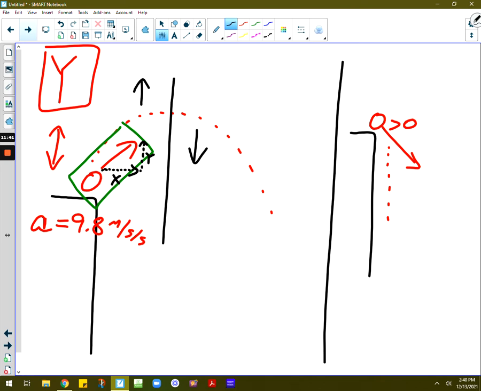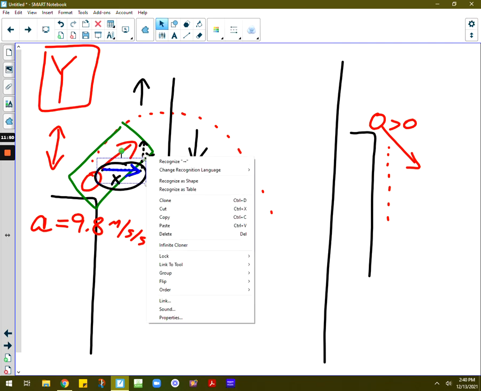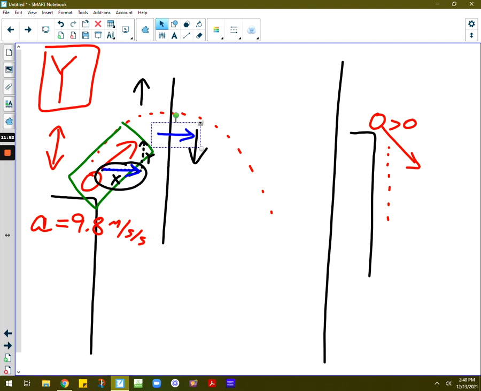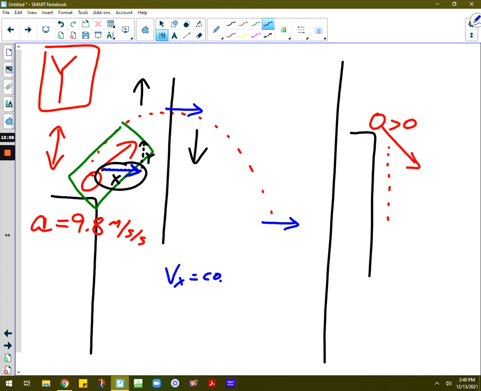This x component right here, whatever it is right there, it's going to stay the same. Whether it's here, let me clone that. It's going to still be the case when it's up here. It's still going to be the case when it's right here. Because that v of x is constant. If you don't have air resistance. And we're assuming we don't.